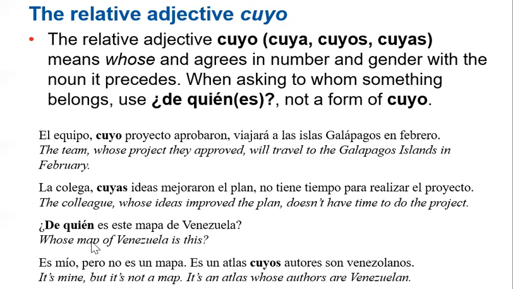So if I were to ask you, for example, here we've got whose map of Venezuela is this? ¿De quién es este mapa de Venezuela? We cannot use cuyo with that. So if we were to say, whose class is this? ¿De quién es la clase? ¿De quién es la clase?